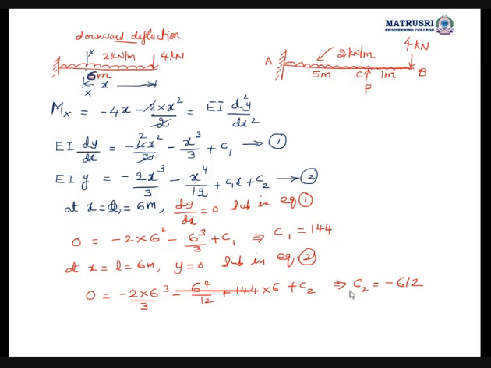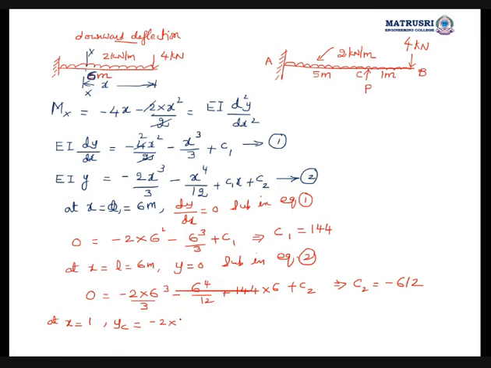Now what I required? I require deflection at C. So deflection at C means what is the distance from P to C? 1 meter. So at x is equal to 1 now. So I'll calculate x is equal to 1, that is yc. So I'll substitute x is equal to 1 in equation number 2 because our deflection equation is this one. So what will happen?